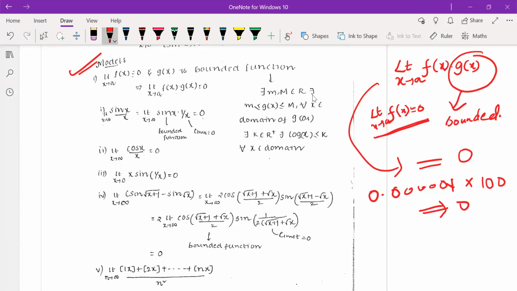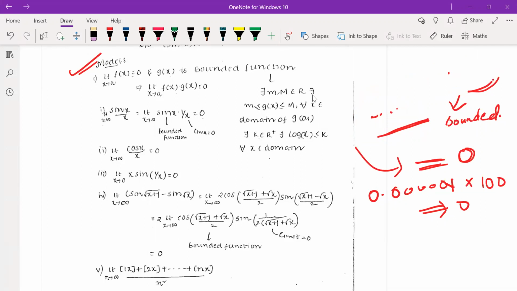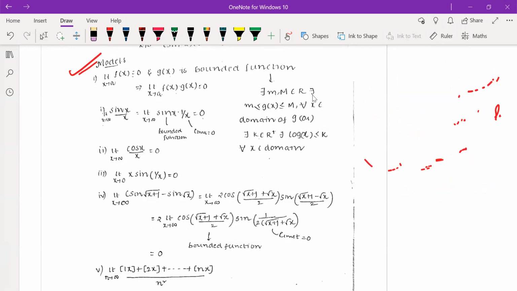Hence, when g of x is a bounded function, the limit turns out as 0. This is not the case when g of x is not bounded. If g of x takes the value infinity, then this can't be the case; it can't be 0.